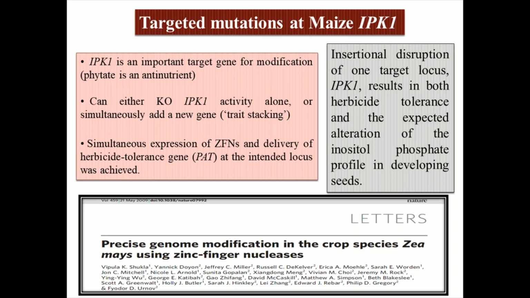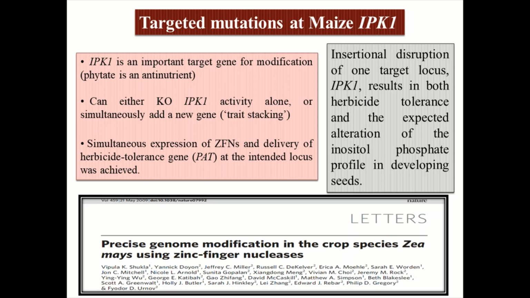In maize, the herbicide-resistant gene PAT was inserted at the IPK1 gene locus, causing simultaneous disruption of IPK1, which encodes inositol 1,3,4,5,6-pentakisphosphate 2-kinase, an enzyme involved in phytate biosynthesis in maize seeds. So when this gene is knocked down, the phytate level in the seed is reduced.